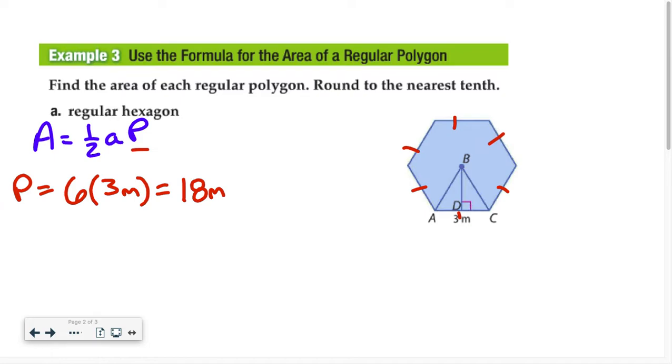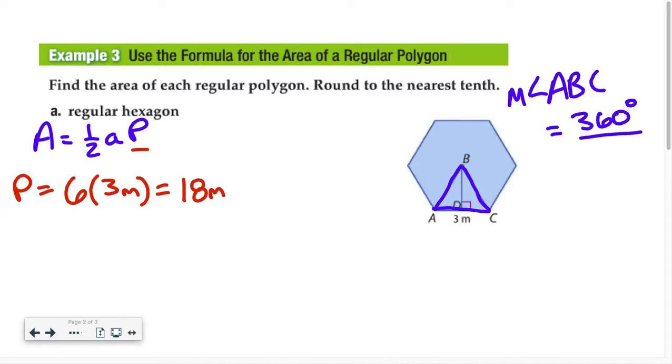Now to find the apothem length, we need to focus in, I'm going to highlight with blue, on this triangle here, and even more so on one of those right triangles in just a minute. Thinking of this triangle, angle ABC is a central angle. We can find the measure of that, 360 divided by the number of sides, 6. So the measure of angle ABC would be 60 degrees.